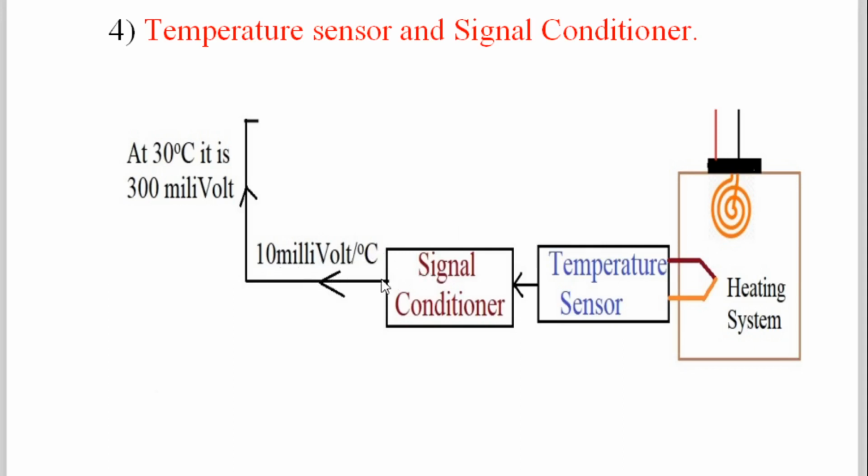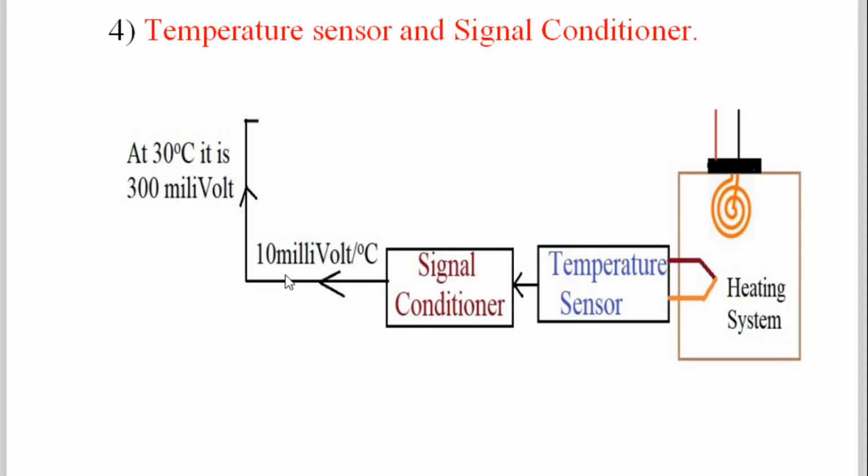Therefore, the output of the signal conditioner is always expressed as, for example, 10 millivolt per degree centigrade, or it may be 5 millivolt per degree centigrade, or 25 millivolt per degree centigrade. It means this output voltage will go on increasing by 10 millivolt if the temperature increases by 1 degree centigrade.